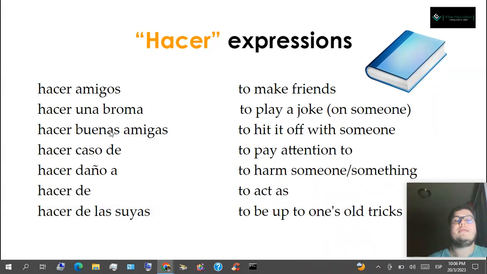Hacer buenas migas. To hit it off with someone. Hacer caso de. To pay attention to. Hacer daño a. To harm someone or something. Hacer de. To act as. Hacer de las suyas. To be up to one's old tricks.